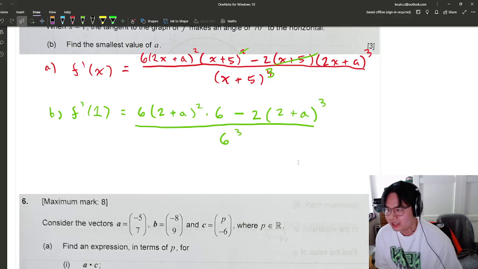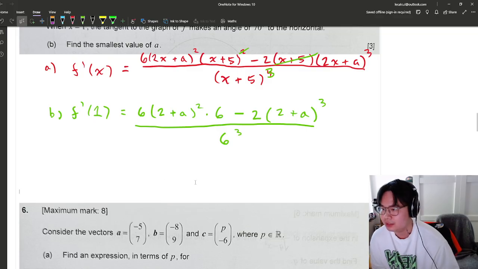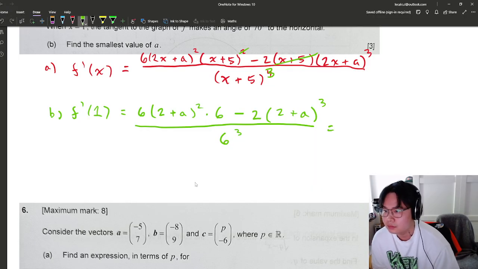Can I make this look any better? I want to make this look better. I don't think I can make it look that much better though.